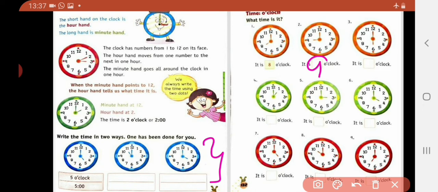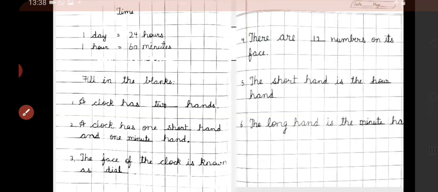Again, the long hand is pointing to 12 and the short hand is at 6. So the time is 6 o'clock. Again, the long hand is at 12 and the short hand is at 1. So the time is 1 o'clock. So my dear children, you have to complete this page in the same way.